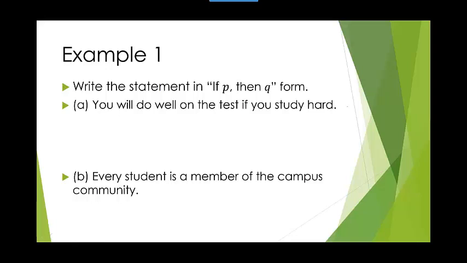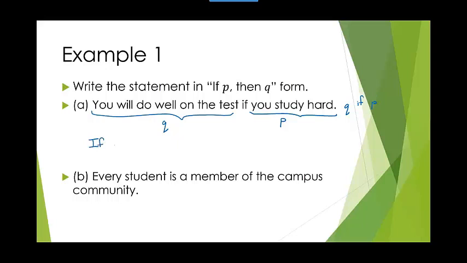For the first sentence, this is of the form Q if P. So we've got Q here and P. Okay, so there's the Q and P. And if we want to rewrite it in if P then Q, then we're going to reverse the order.